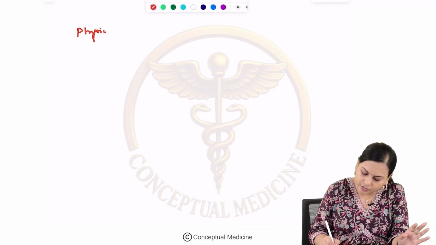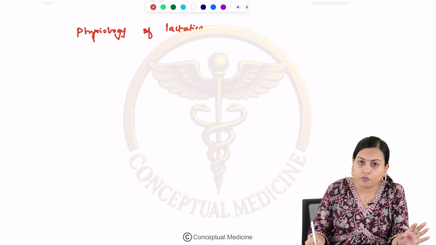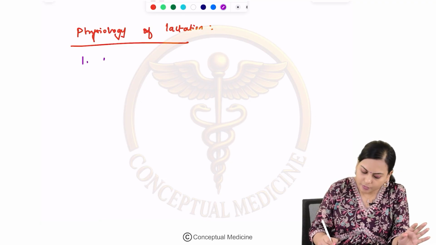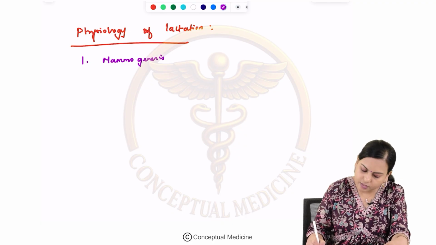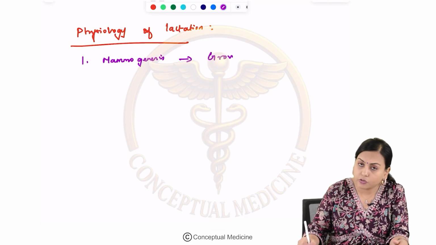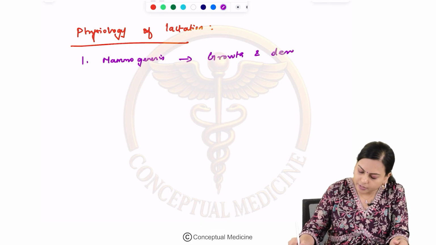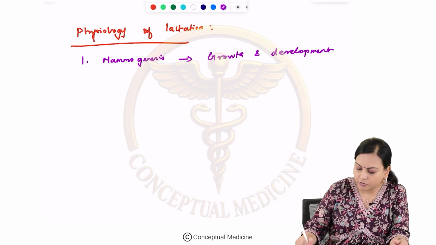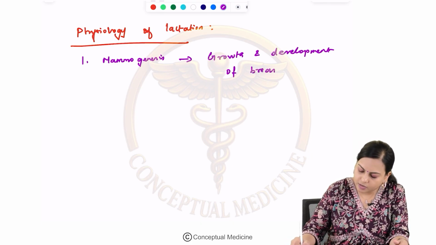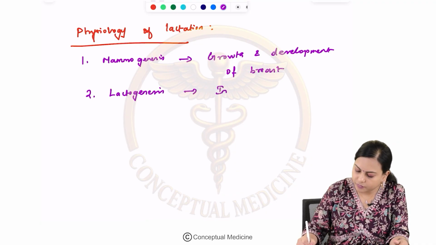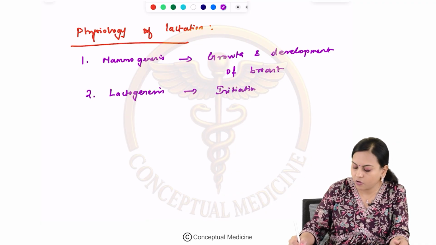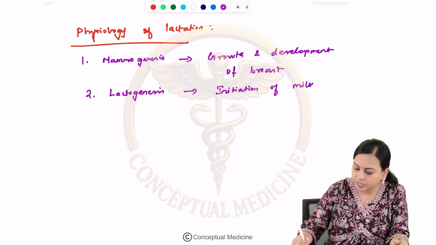When we speak about the physiology of lactation, it can be divided into 4 main phases. Number 1 is mammogenesis, where there is growth and development of the breast during pregnancy. Second one is lactogenesis, which is the initiation of milk production in the alveoli.